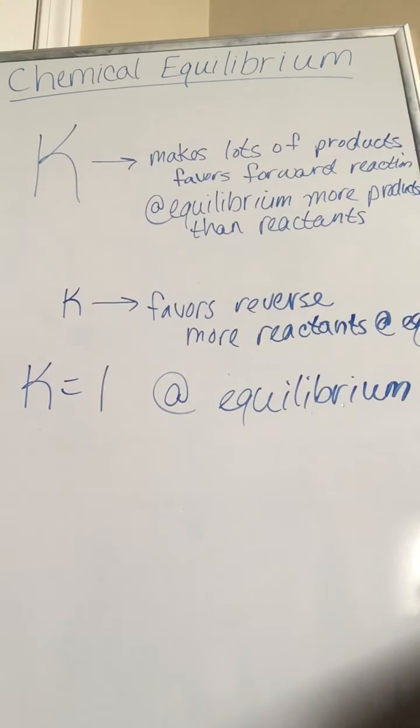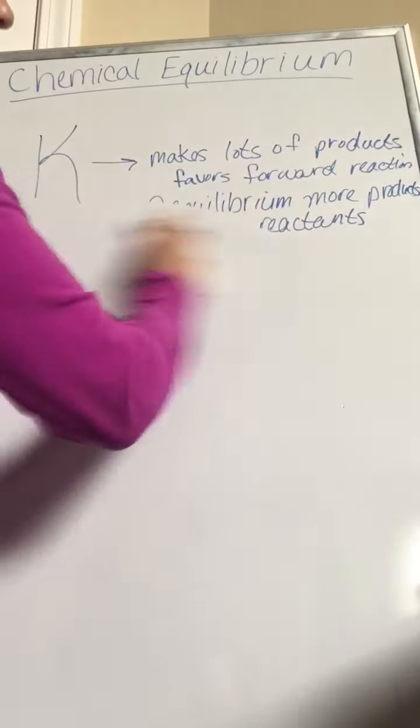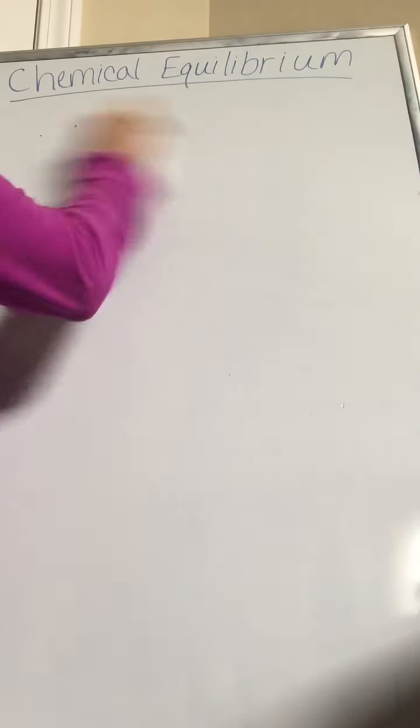Now let's go over example 16.2 on page 489. It says the following reaction has an equilibrium constant, and you can read this, so I don't need to write it on my whiteboard.